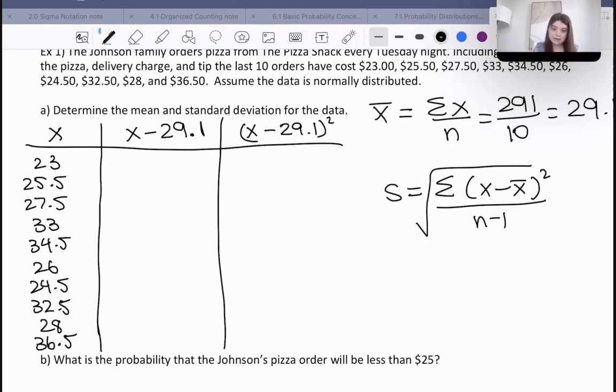Okay, so now we're going to subtract 29.1 from each of these. So 23 minus 29.1 is negative 6.1. 25.5 minus 29.1 would be negative 3.6. 27.5 minus 29.1 is negative 1.6, and so on. All we're going to do is continue that pattern.